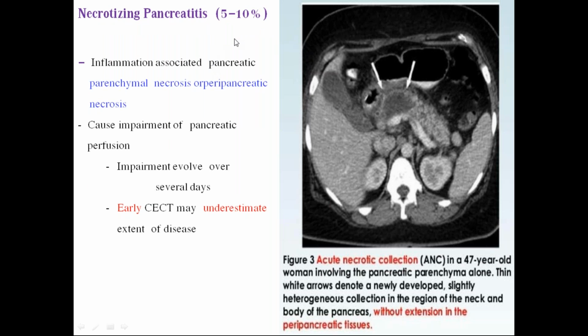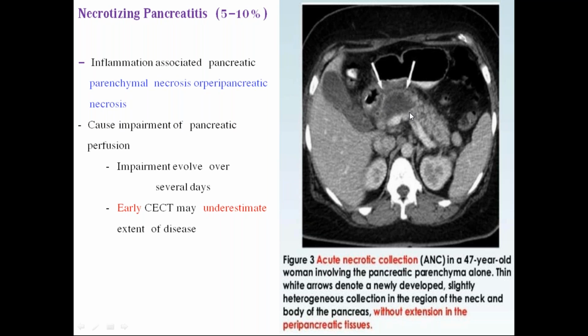Necrotizing pancreatitis is a severe complication. Air within the cavity of the pancreas indicates necrosis. This is a case of a 47-year-old woman presenting with necrotizing pancreatitis. This arrow clearly shows a newly developed heterogeneous collection in the pancreas. This collection is confined to the pancreas and does not extend beyond the peripancreatic tissue.